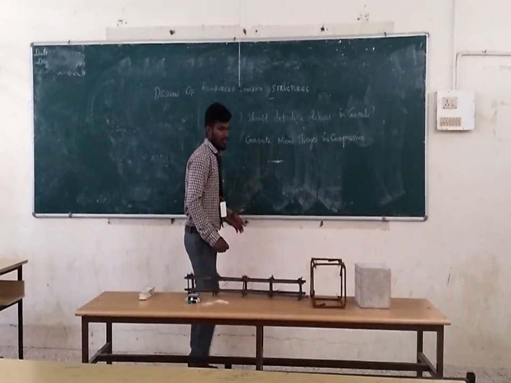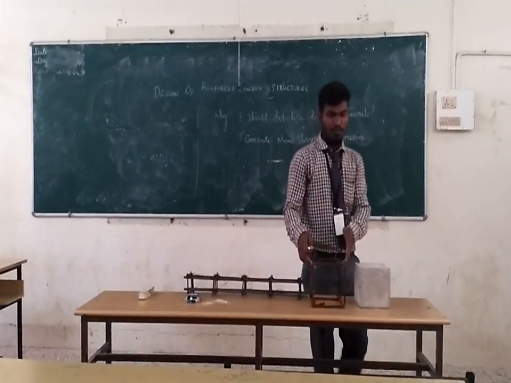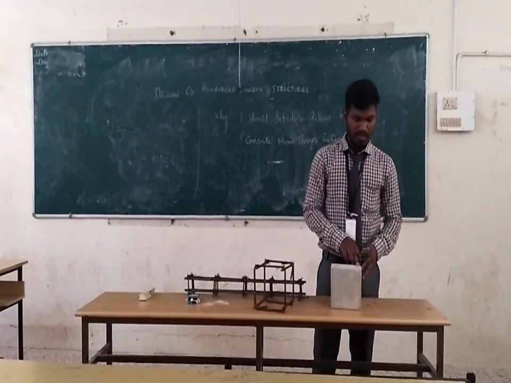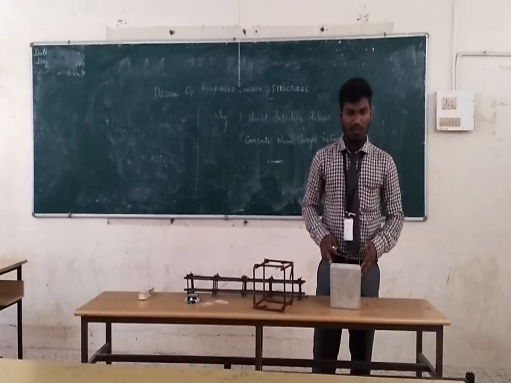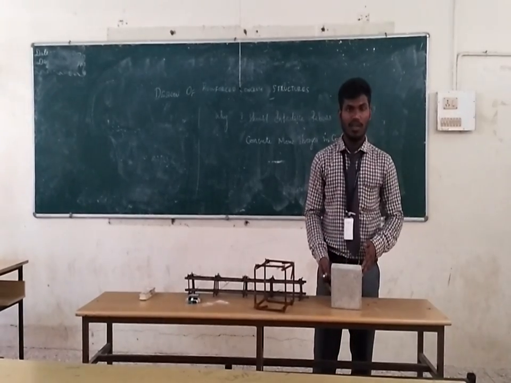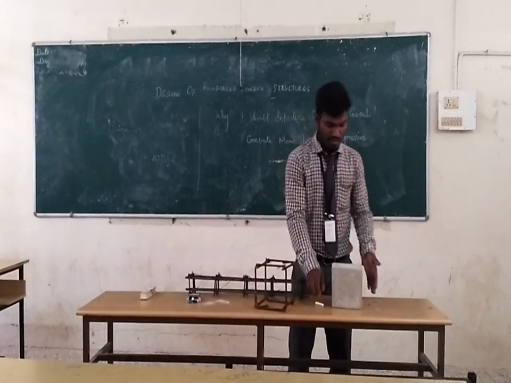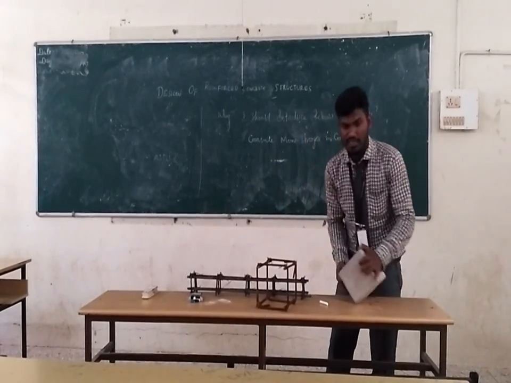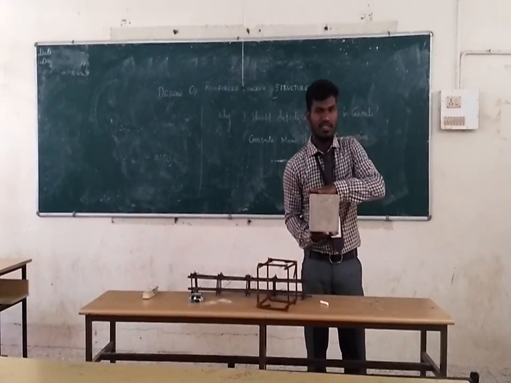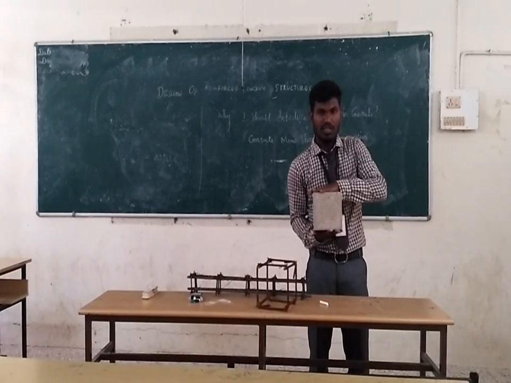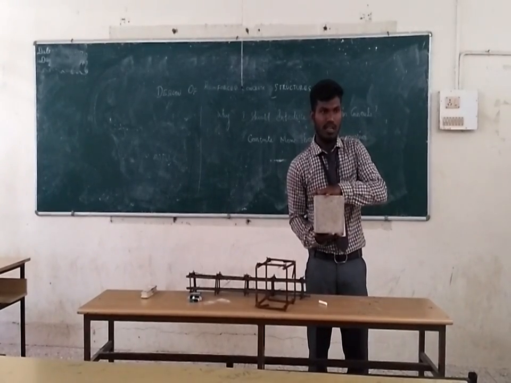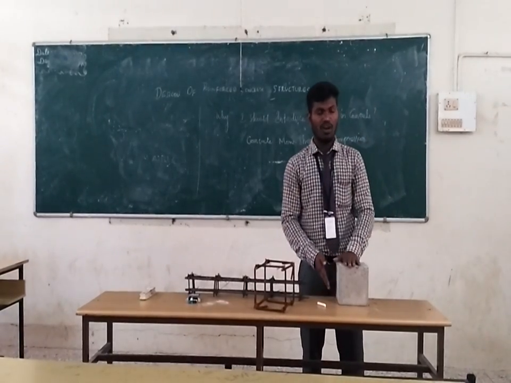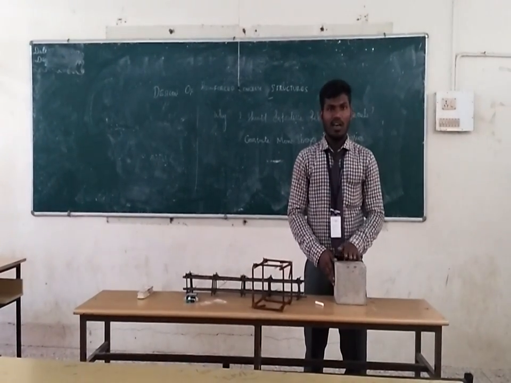That means if I have a cube of size 150 mm breadth, 150 mm width and 150 mm length, and I push it like this, it will introduce a compression force into the concrete, and concrete is way stronger in compression.